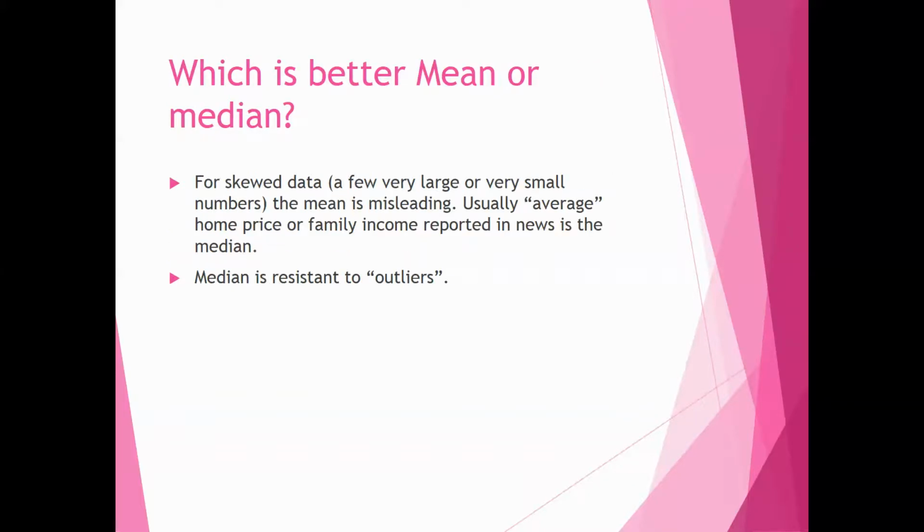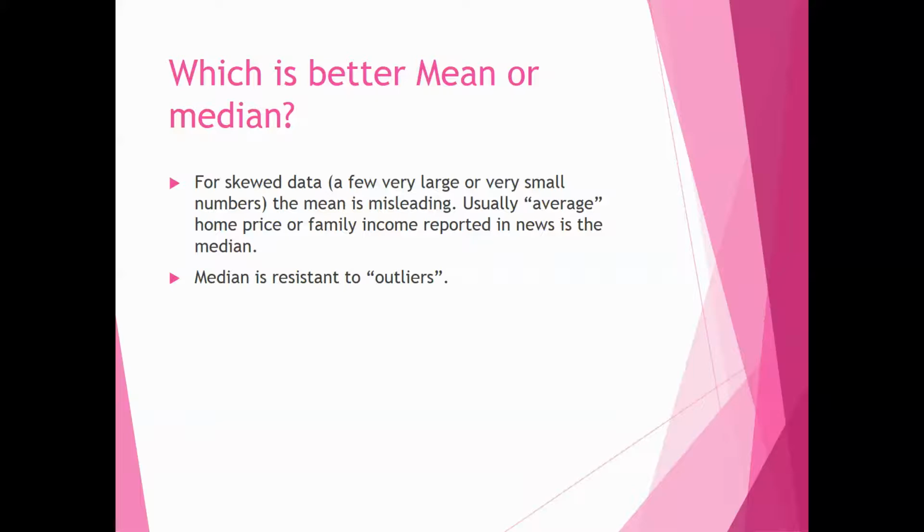So which is better, the mean or the median? Well, for skewed data, a very few large or very few small numbers, the mean is a little misleading. Imagine a room full of college professors hosting Bill Gates at a luncheon. Then the average income of people in that room would be hundreds of millions of dollars, but it wouldn't be a very good indicator of either the college professors or Bill Gates.